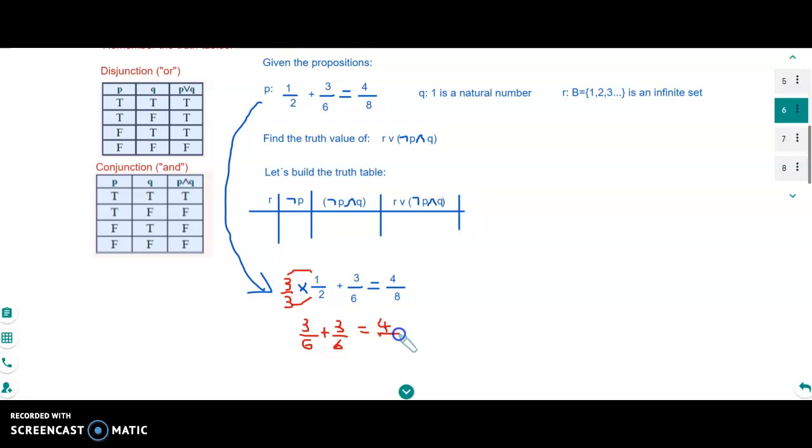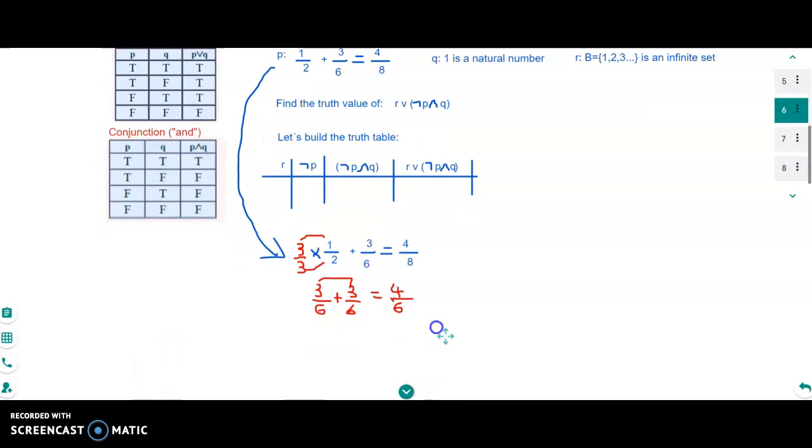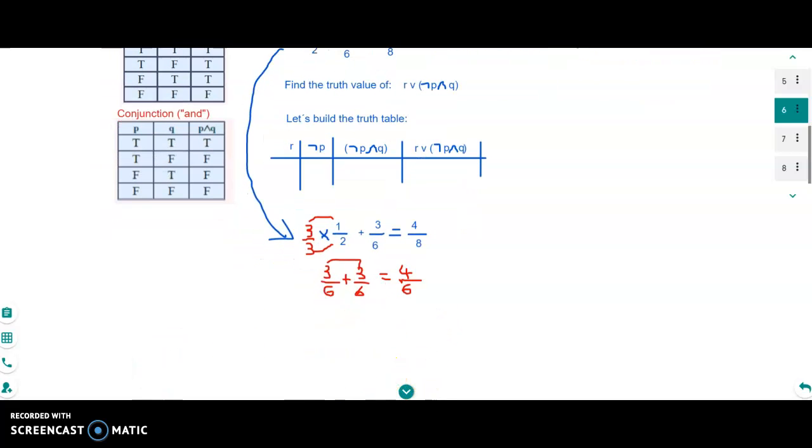Now we are going to add these numerators, so it will be 3 plus 3, that makes 6. So that makes 6 over 6, and that makes 1. But we can also write it much better, 6 over 6, to compare. 6 over 6 equals 4 over 6?